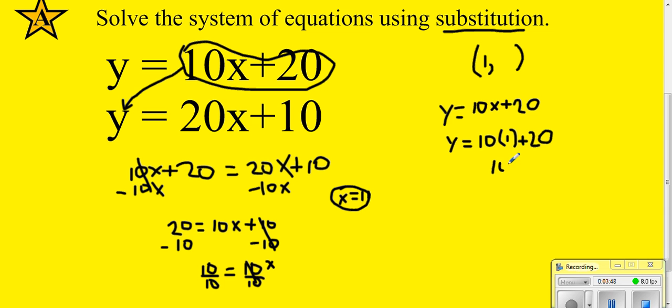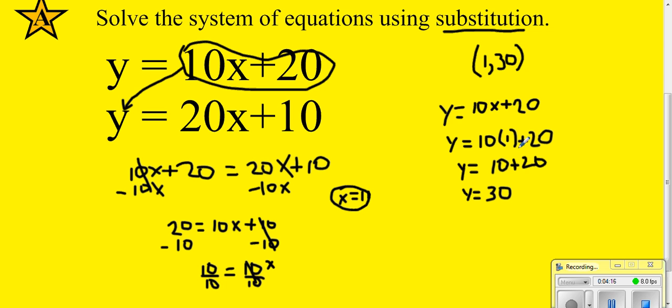10 times 1 is 10, plus 20. That is y equals 30. So the system of equations of these equations crosses at (1, 30).